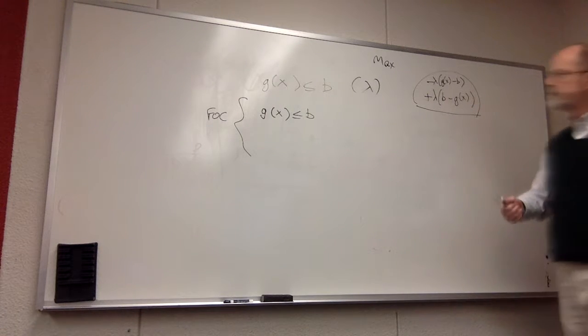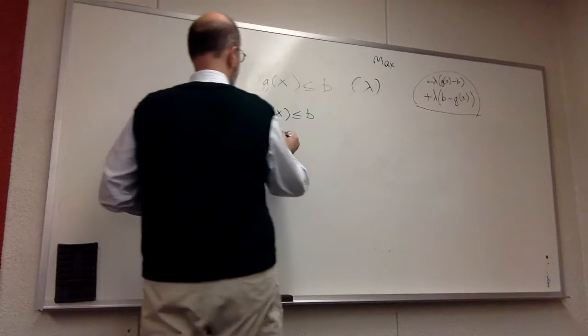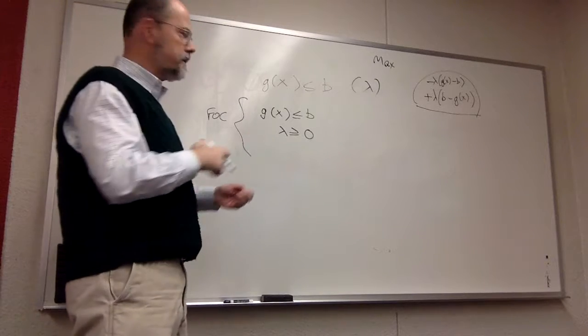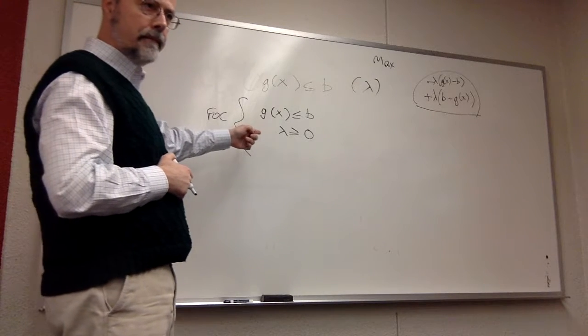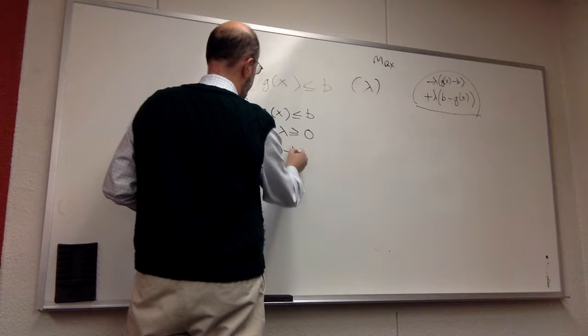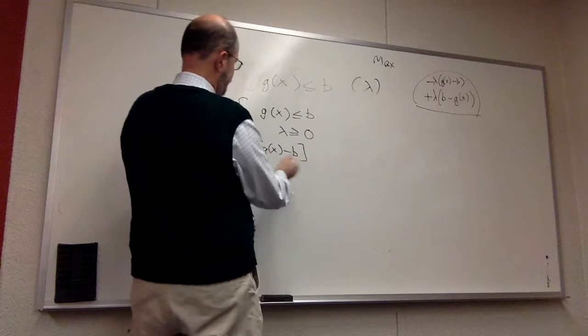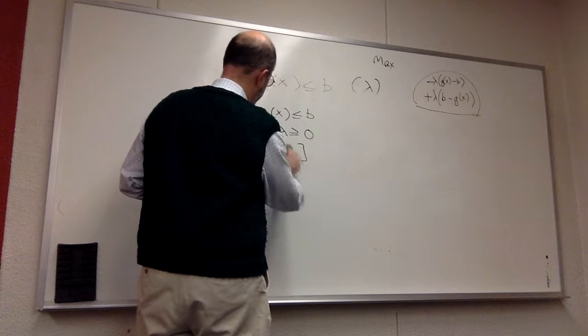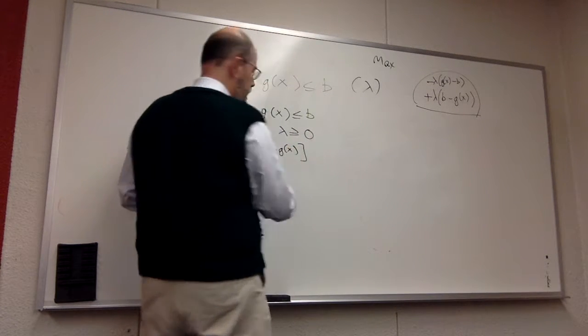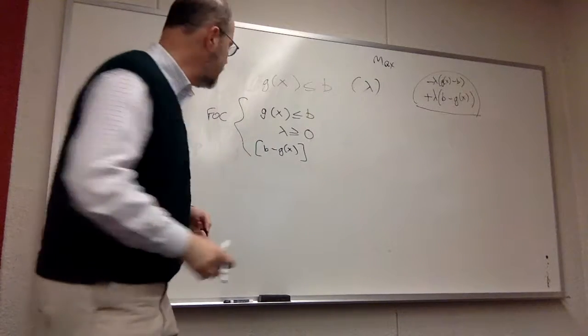All right. Having said all that, the multiplier corresponding to that constraint must be non-negative. And finally, the complementary slackness. I'll keep writing the constraint in the non-negative direction, so to speak.